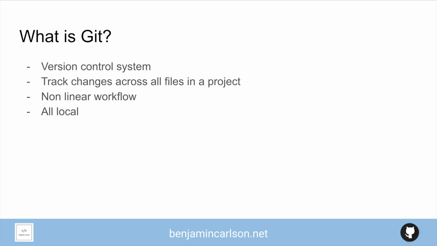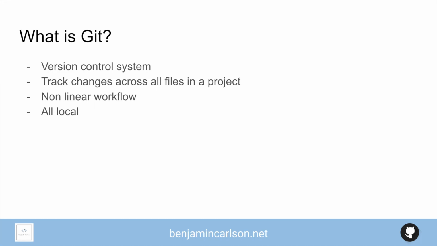And a benefit of using Git is it gives us what's called non-linear workflow. So when you're developing, it's not in a linear pattern. So you can revert back on versions of your project. You can do what's called branching.